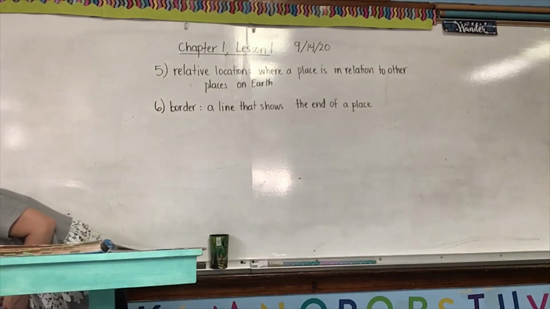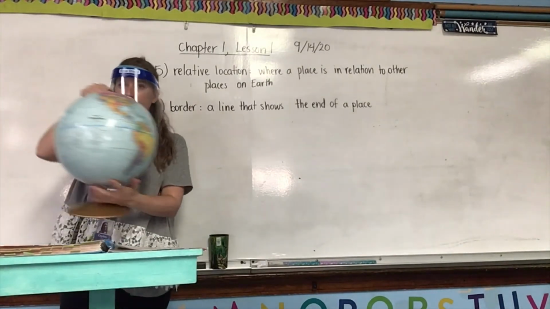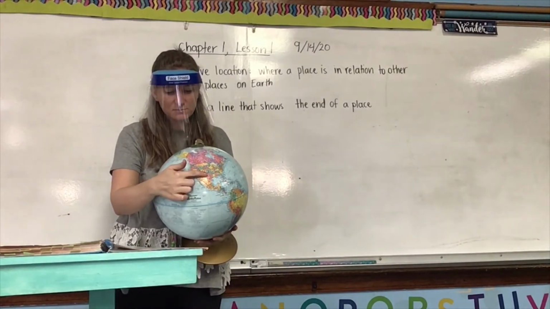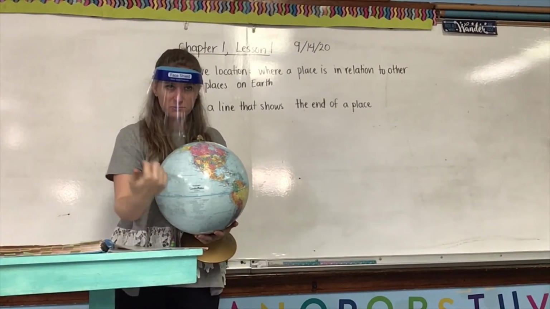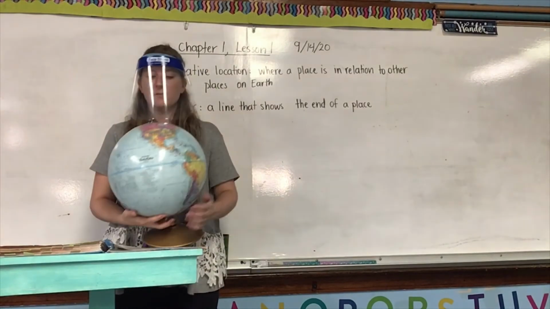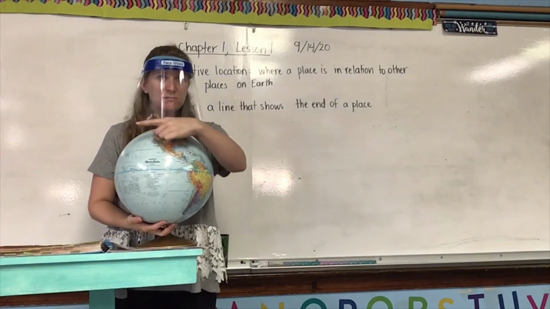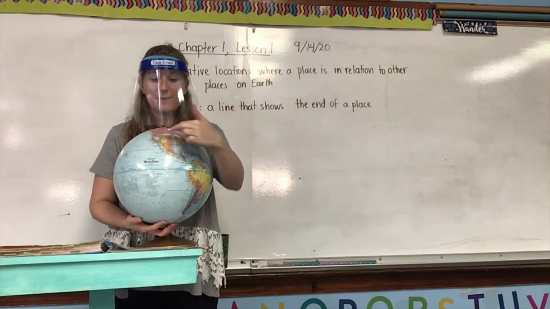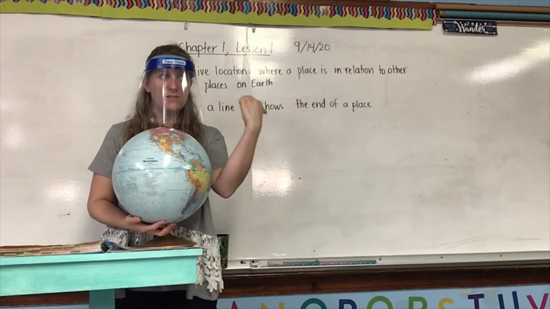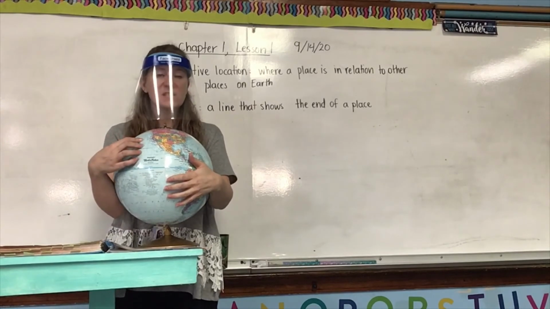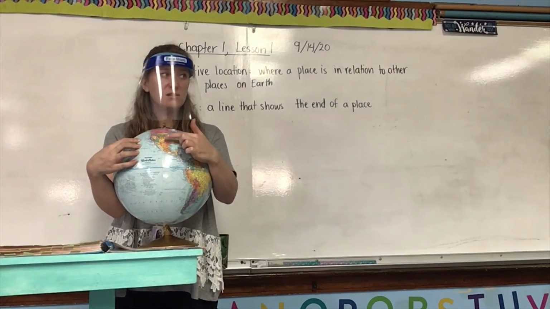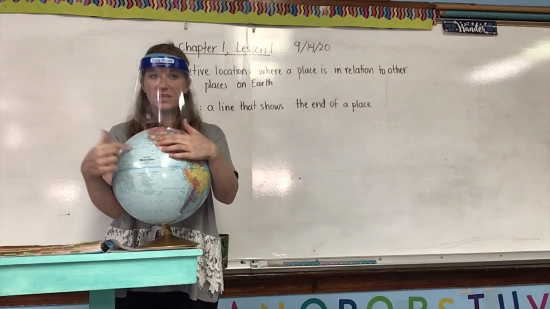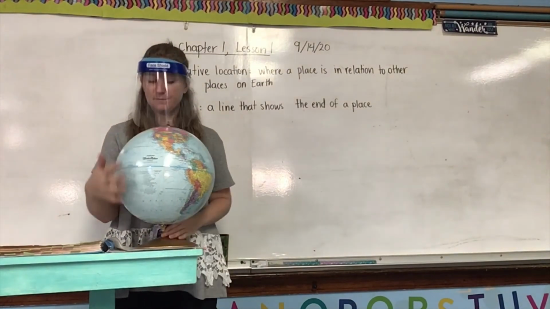So that means if we're looking at the United States, to the west, or the left, is the Pacific Ocean. So that means we are east of the Pacific Ocean. We are to the right of the Pacific Ocean, so we are to the east because the Pacific Ocean is to the west.